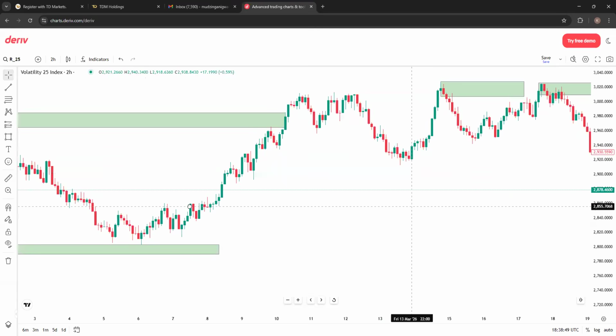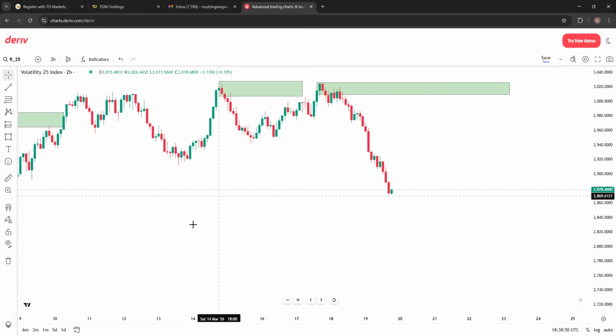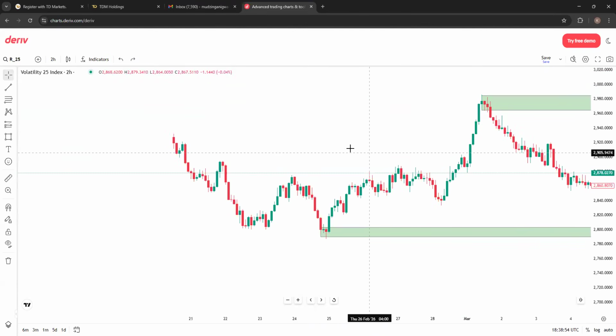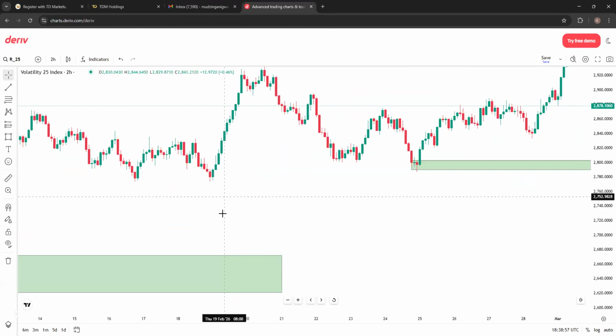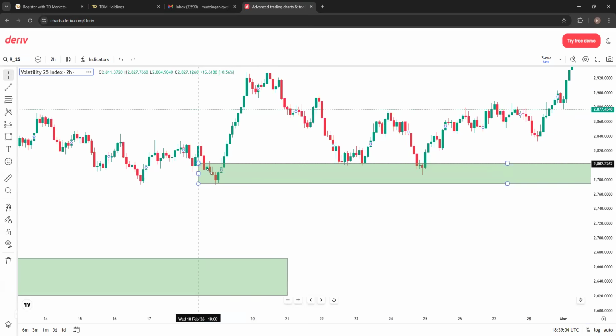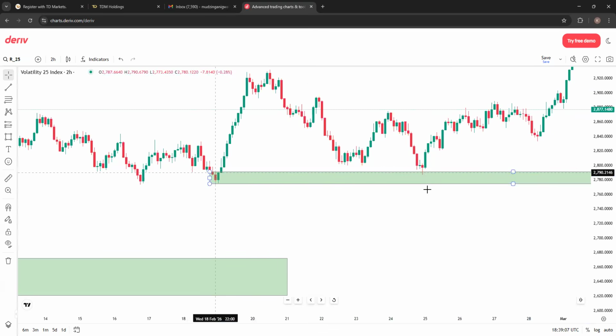Again, what do we have? You can see that this area over here, again, we have a last sell before we started buying here. And what did the market do in the future? It came back to that area, wicked on it, and then it bought.